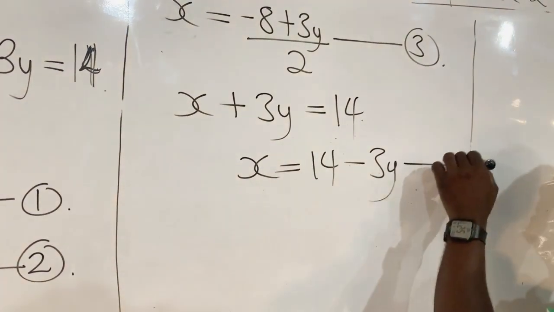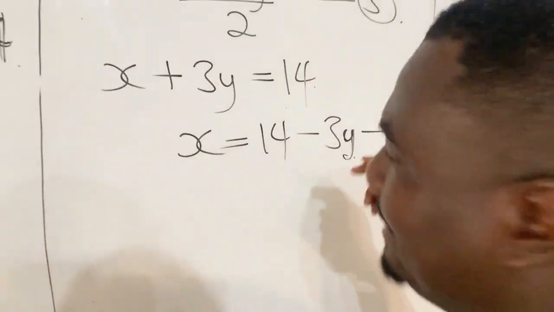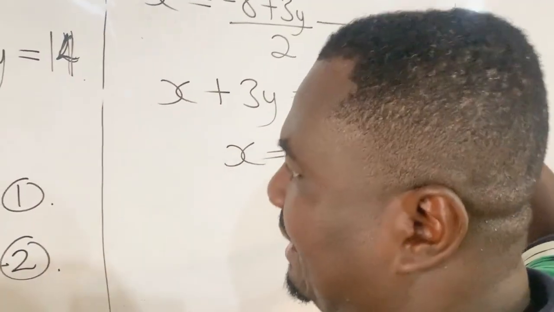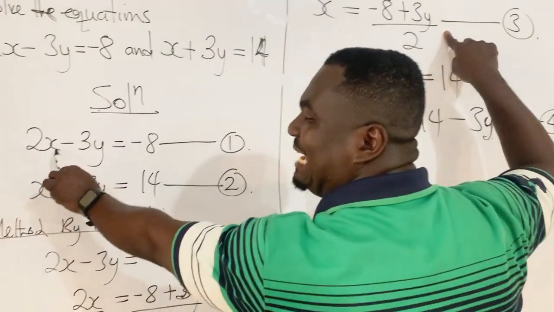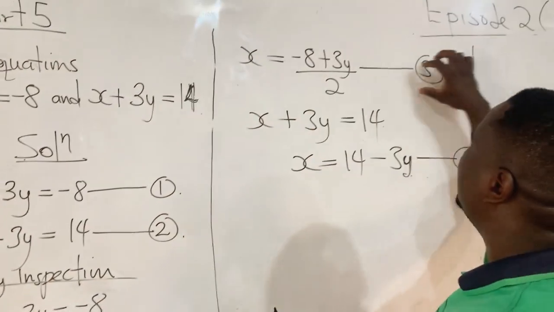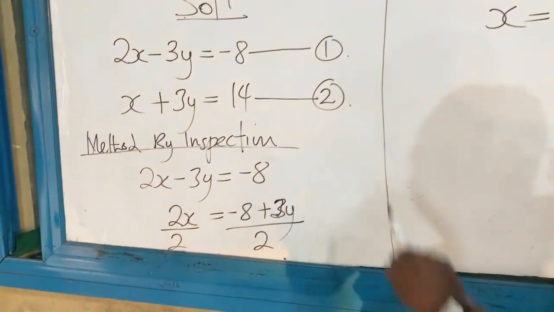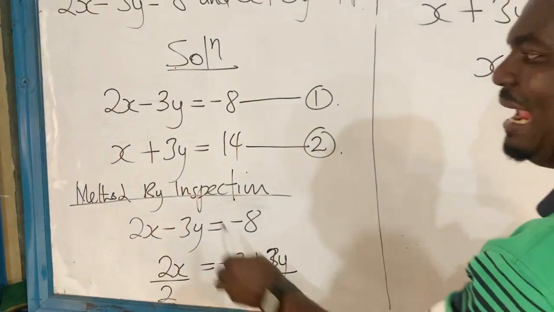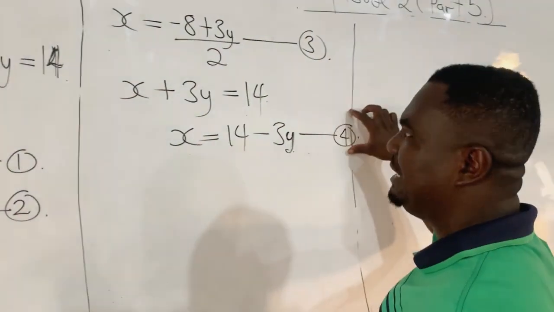Then I'll call this equation 4. Like I said, I use equation 1 and make x the subject to form equation 3, and I use equation 2 and make x the subject to form equation 4.